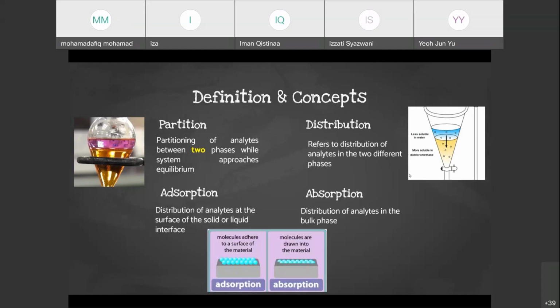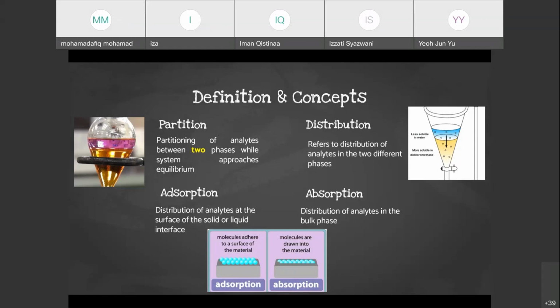Then we have adsorption and absorption. Adsorption means the distribution of analytes at the surface of a solid or liquid interface. You must ask how there is adsorption on a liquid interface. Later when you learn chromatography, we have a coating liquid on the surface, so the analyte interacts with that liquid for separation purposes.